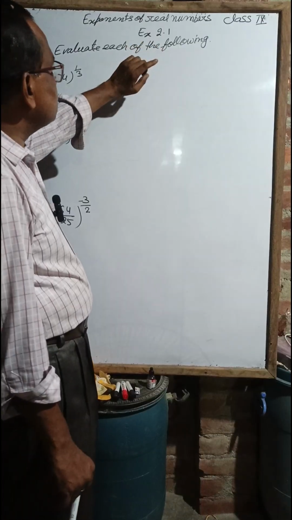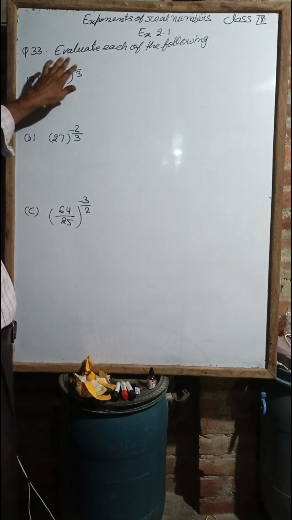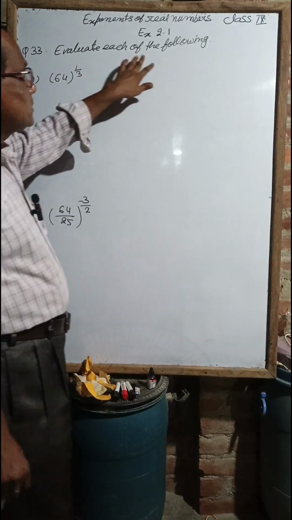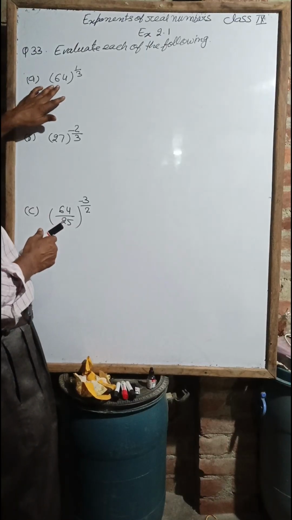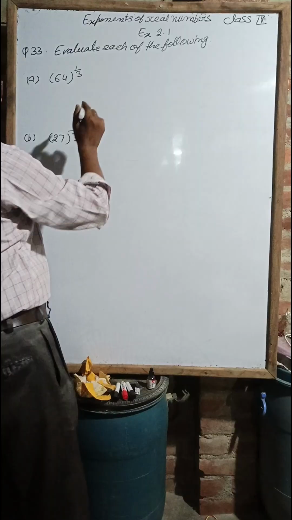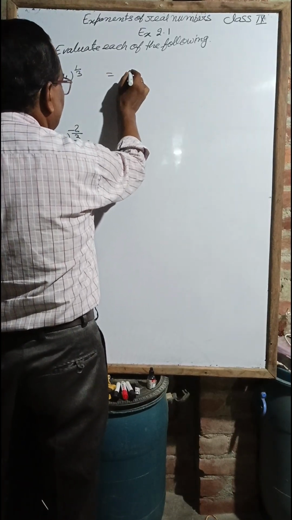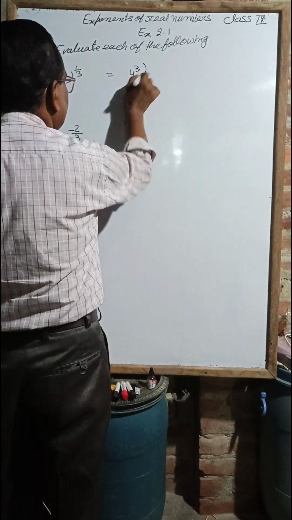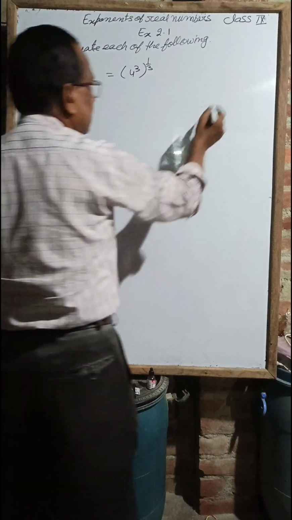Exponent of real numbers. Exercise 2.1. Question number 33. Evaluate each of the following. A. 64 raised to the power 1 over 3. 64 can be written as 4 raised to the power 3, whole to the power 1 over 3.